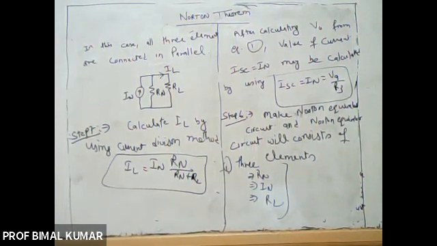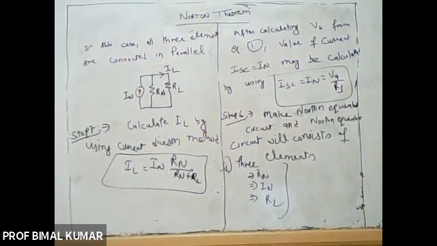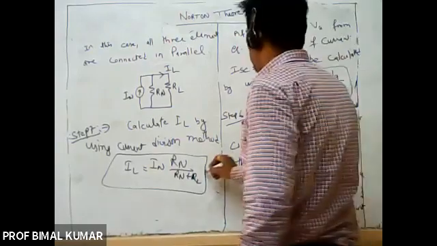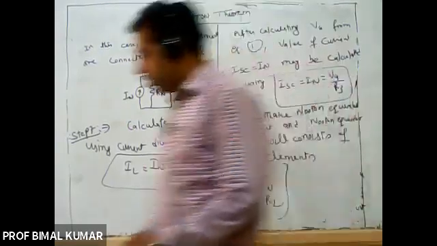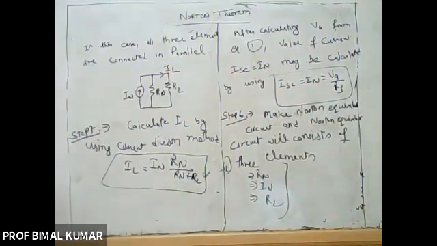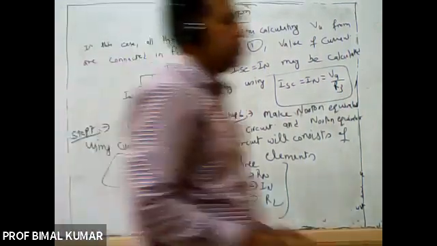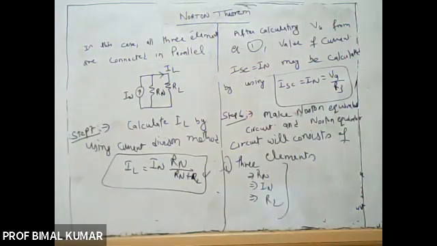In this equation, two are our calculated values, IN and RN, and RL is the load resistance which was removed in the very first step, right? So this equation represents the value of the load current by the use of the Norton theorem.